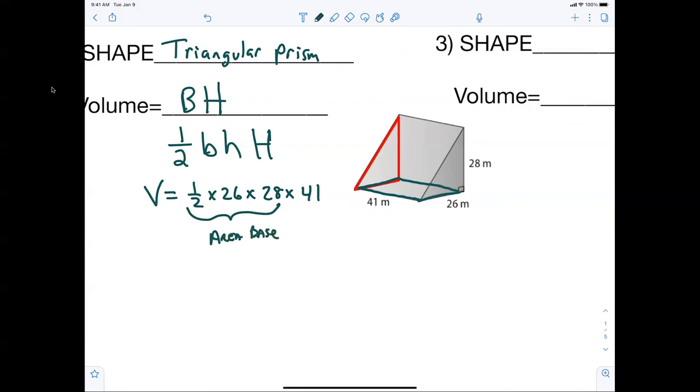Now multiply that out, please. Say that again. 14,924. And then it was meters cubed. But I need everybody. All right, everybody do that. So again, this isn't that difficult.